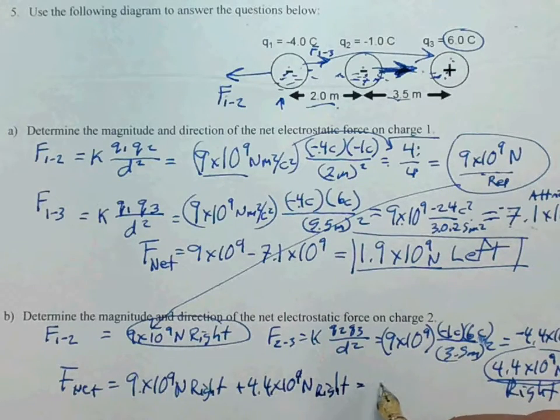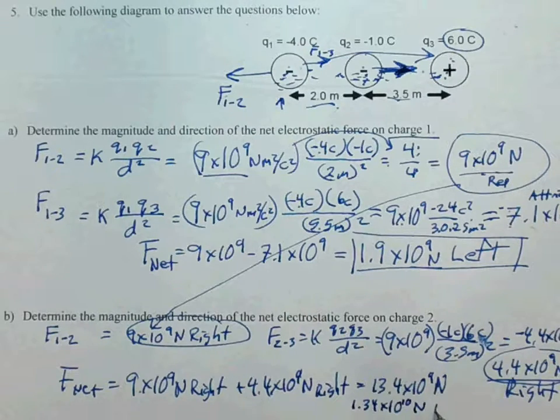So we end up with 13.4 times 10 to the 9th newtons. We rewrite that in proper scientific notation. We have 1.34 times 10 to the 10 newtons to the right. So that's our answer for part B.